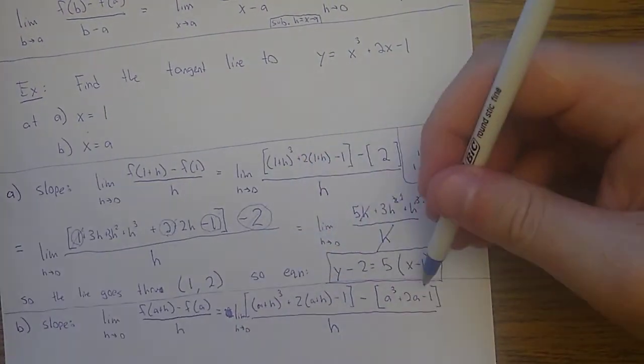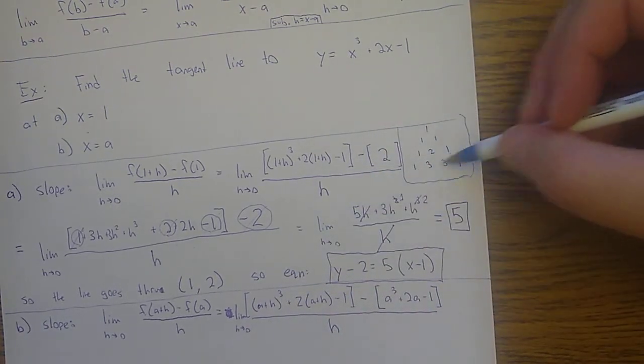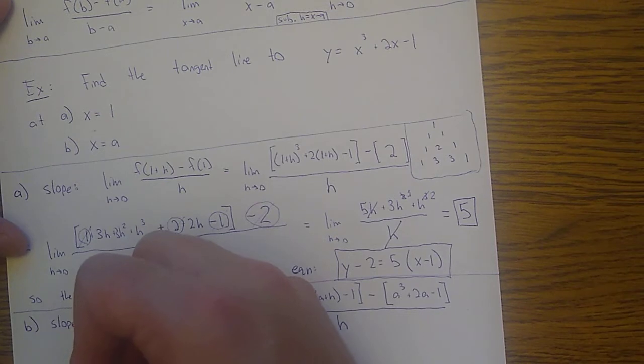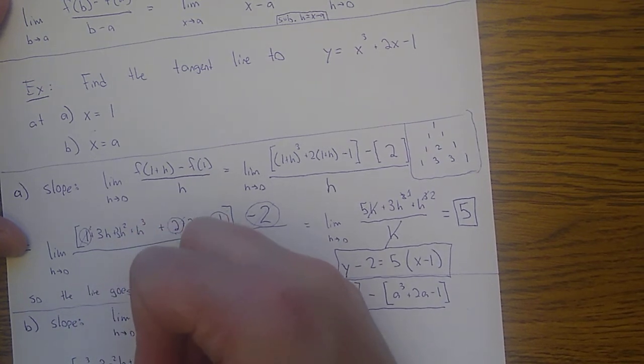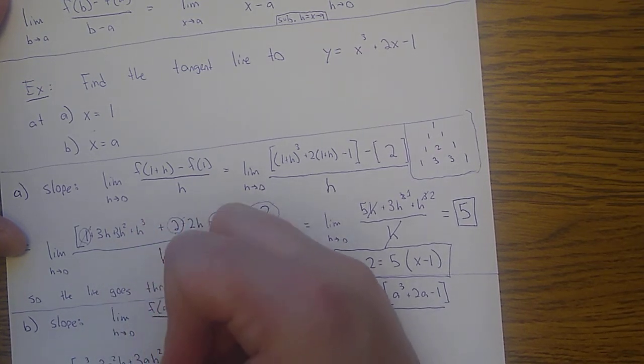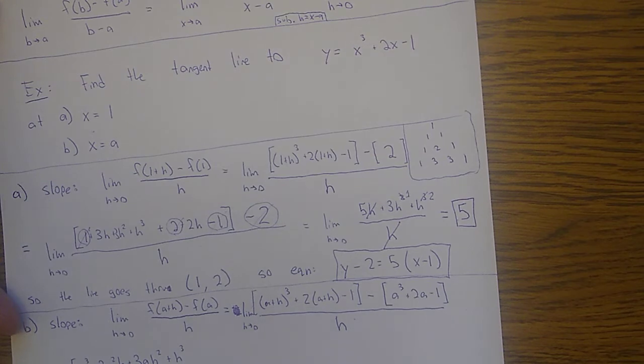So now I have to simplify this like I did the last one. So how do I do a plus h cubed? I use Pascal's triangle again. So this is going to be a cubed plus 3a squared h plus 3a h squared plus h cubed. That's just a plus h cubed.